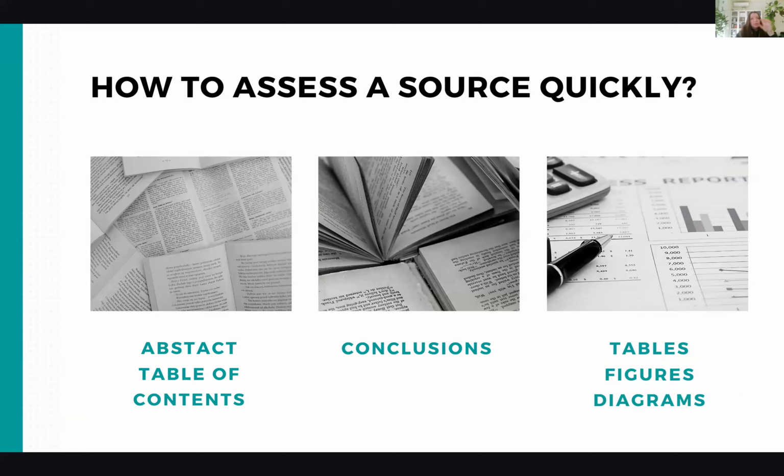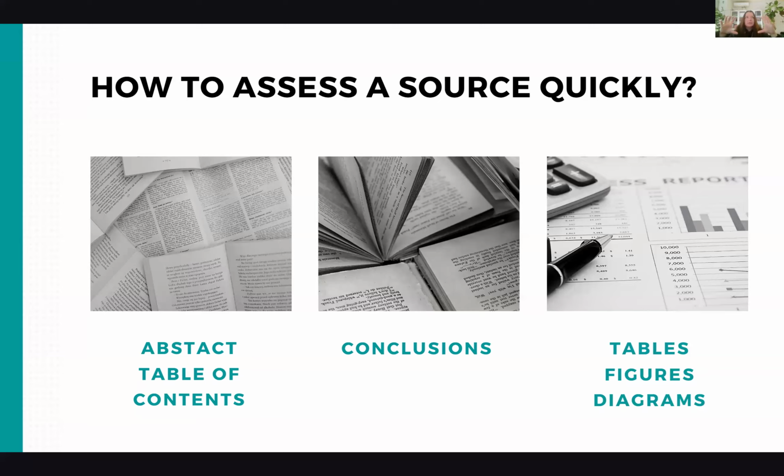So the last thing you should look at during your fast reading process is anything visual in your source. So if it's an article, you should look at tables, figures, diagrams, graphs, anything like that. It's because they tend to present information in a condensed form.